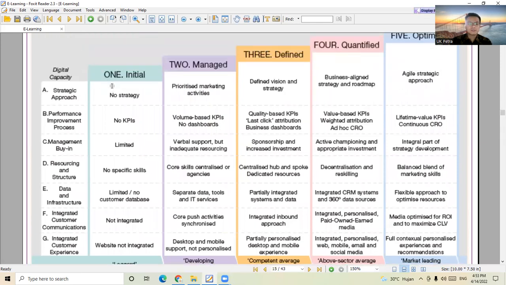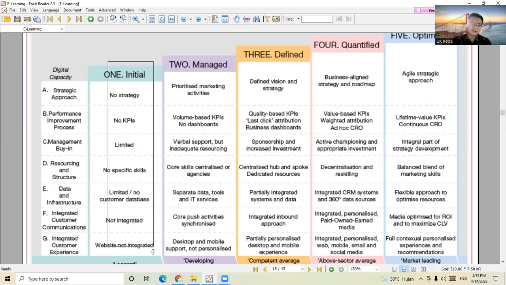Level 1 is the worst level. As we can see from the left side, for the strategic approach, they have no strategy, and in the performance improvement process, no key performance indicators, very limited, and so on and so forth.